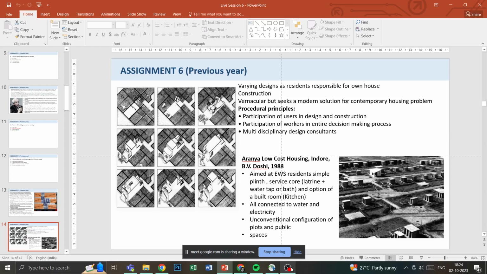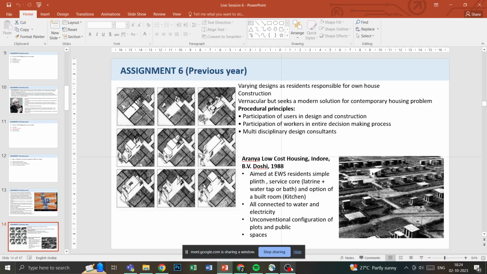If you can see the image on the left, it's the same plot shown in different phases. In the first there's just a plot, and then in the second you see the sanitary facilities, third you see some extensions, in the fourth another floor added, and then a part of the first floor added, and then some extension happening, and then the whole second floor.